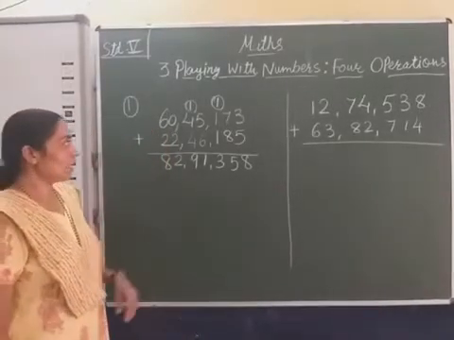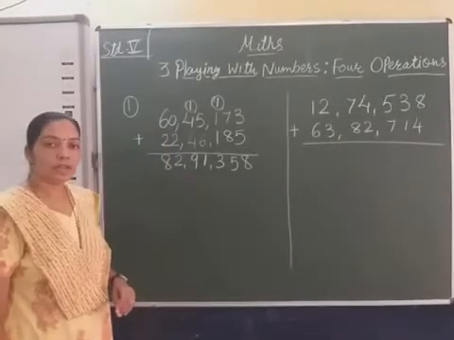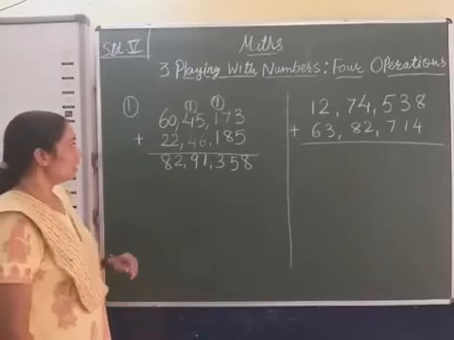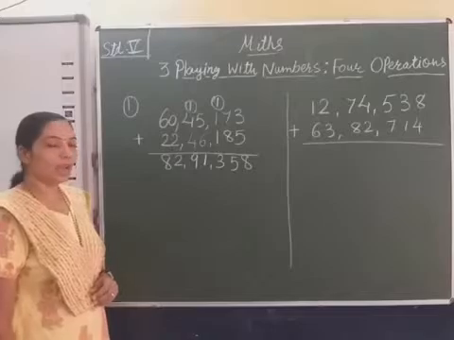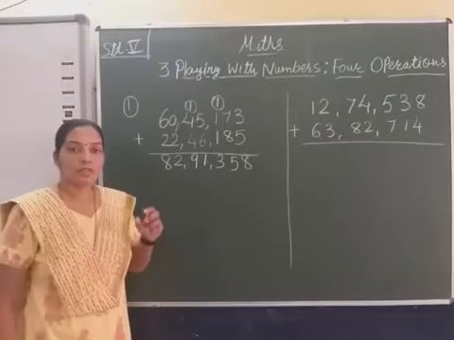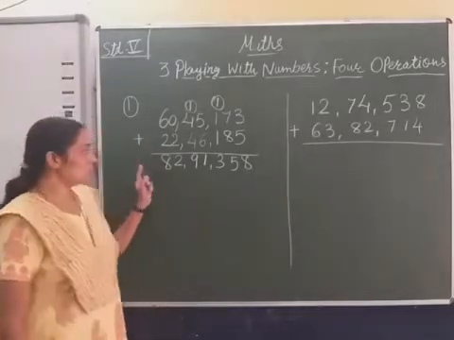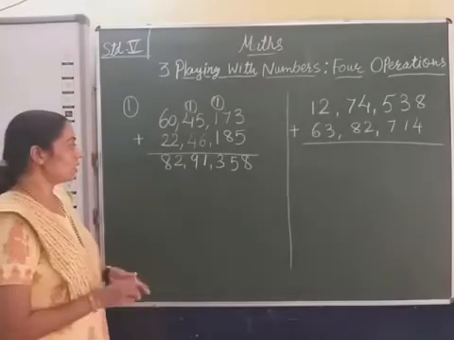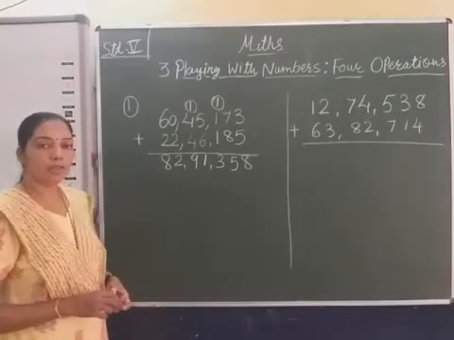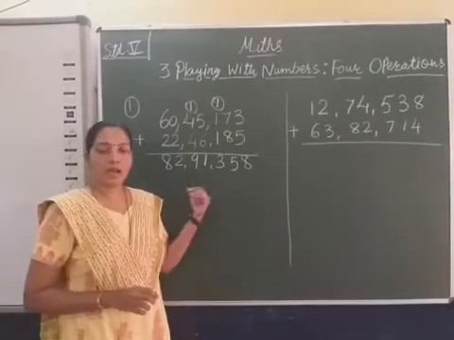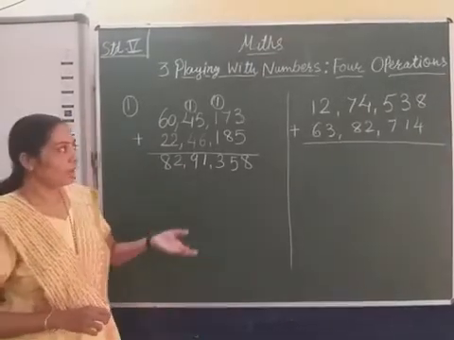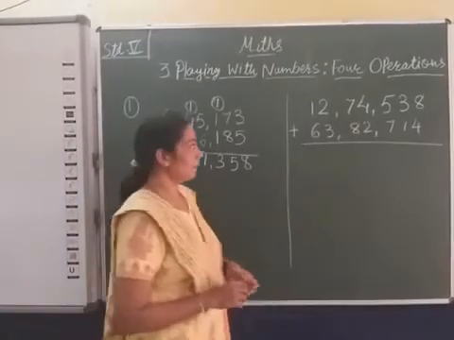So 60,45,173 we add to 22,46,185. We found the sum of these two numbers. The sum is 82,91,358 as the answer.